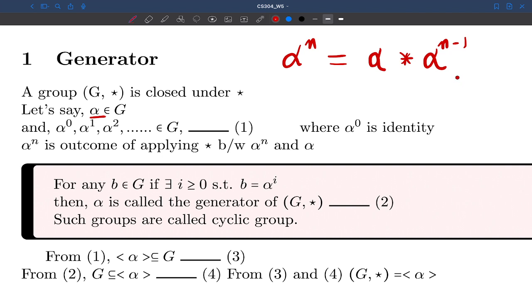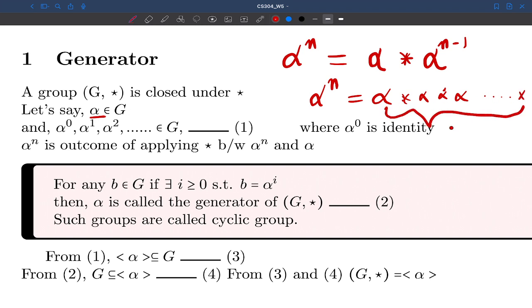In general, you can say that alpha n we got by applying alpha, not multiplying here, by applying n alphas on the identity element. So alpha n means that we got this element by applying alpha again and again and again.